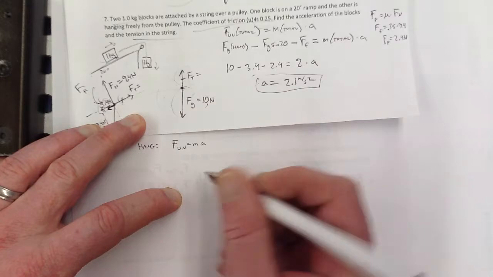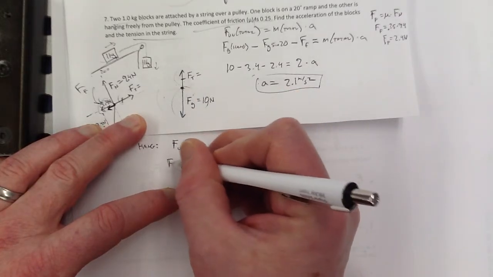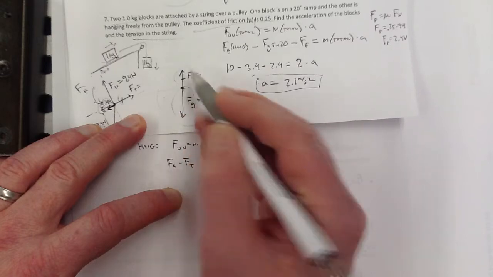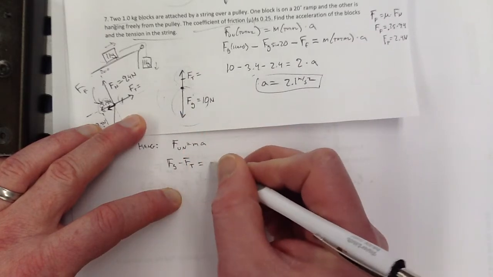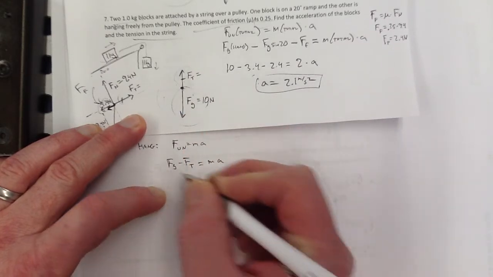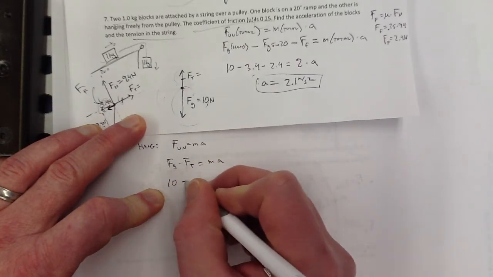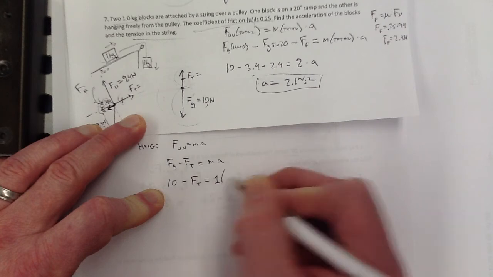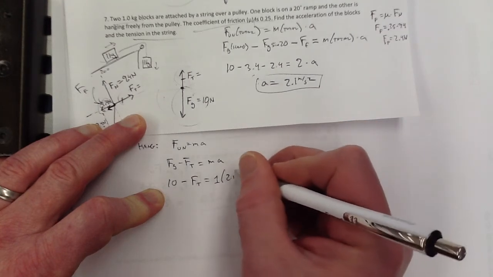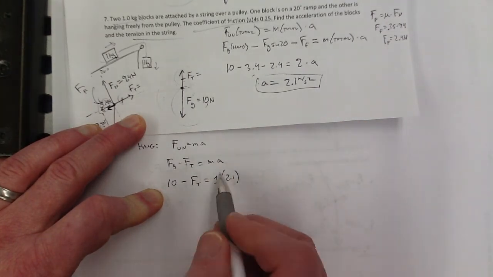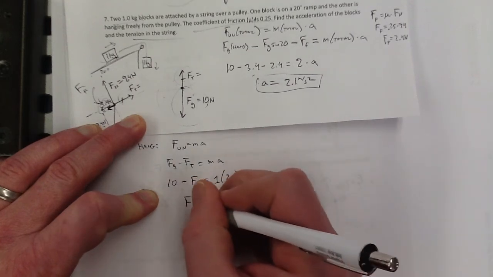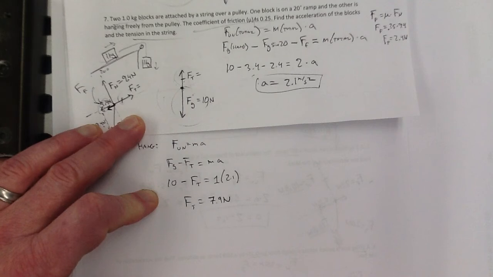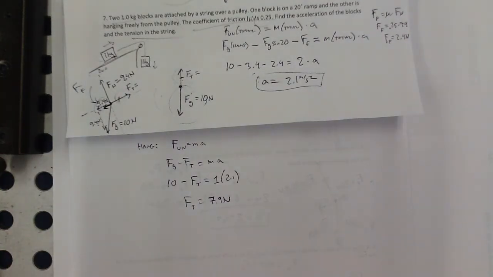Unbalanced force here is gravity minus tension, winner minus loser. Force of gravity there is 10, force of tension is what I'm looking for, mass of that block is 1, acceleration is 2.1, so add this, subtract that, looks like my force of tension is going to be 7.9 newtons. That's how you do physics.